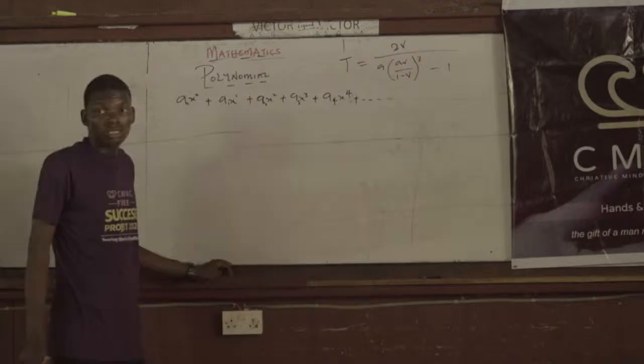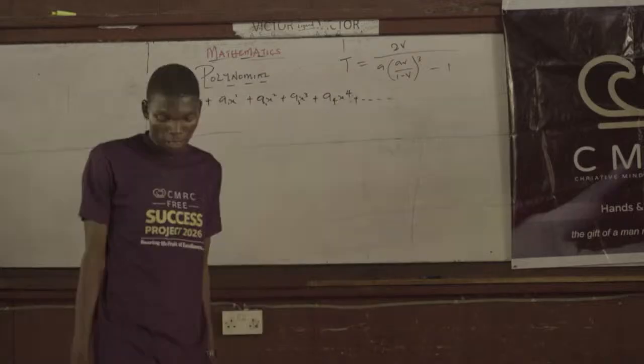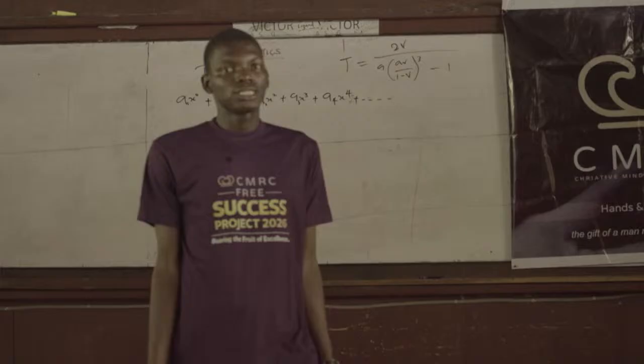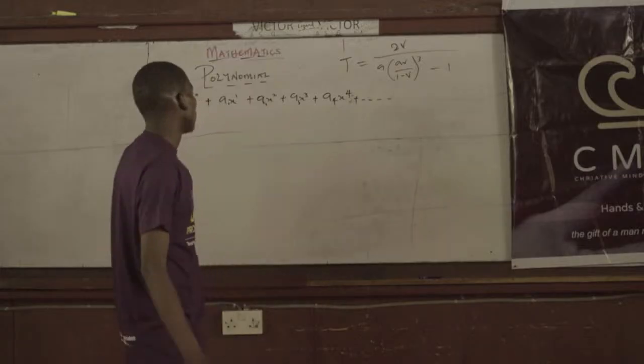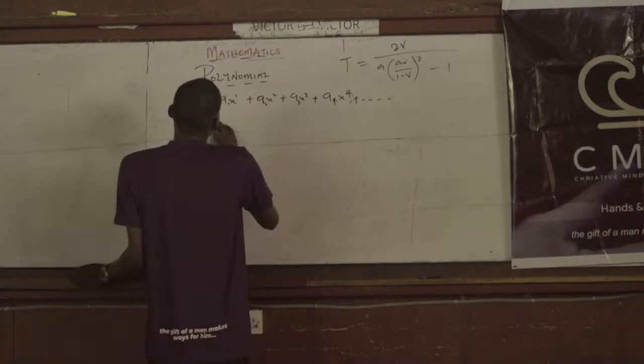So what we have here is actually a series which our polynomial equation follows. So every polynomial will actually be this.